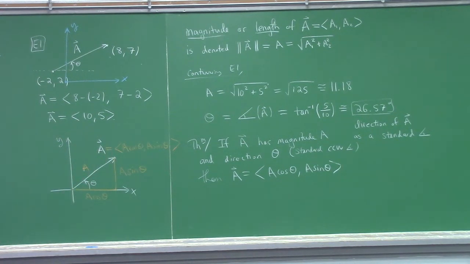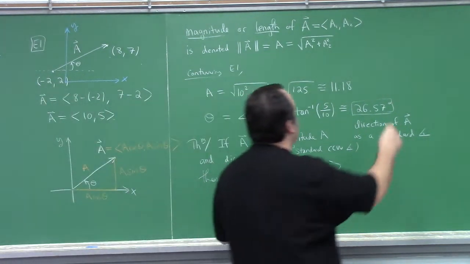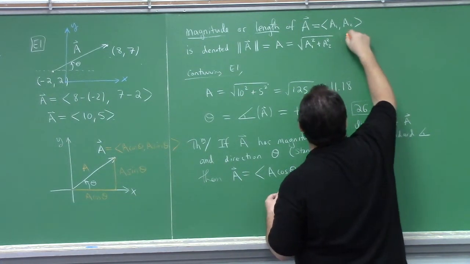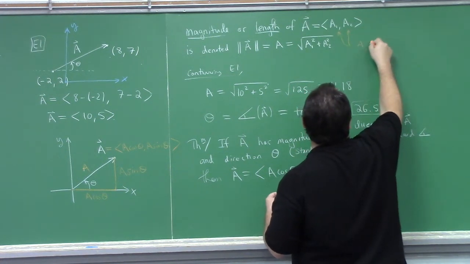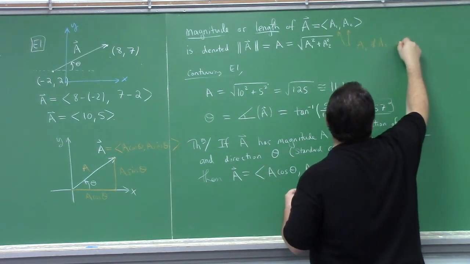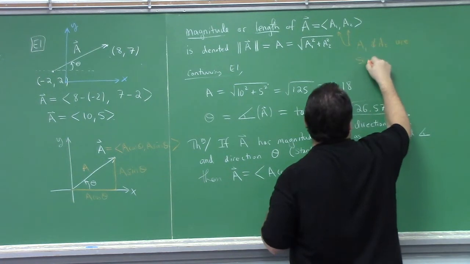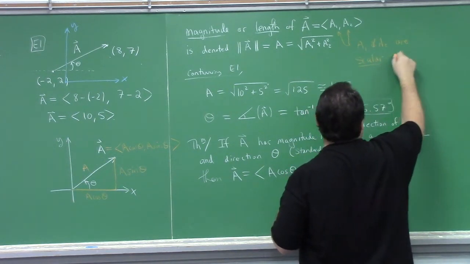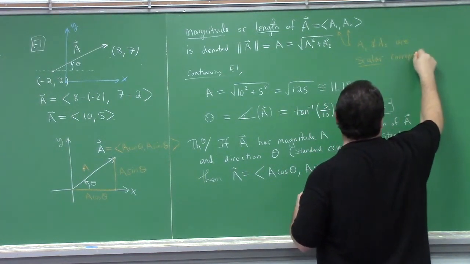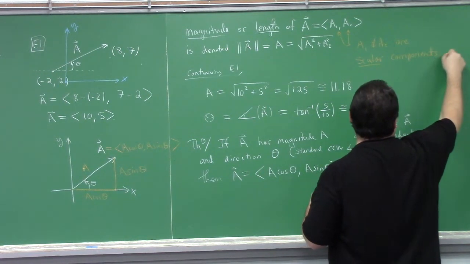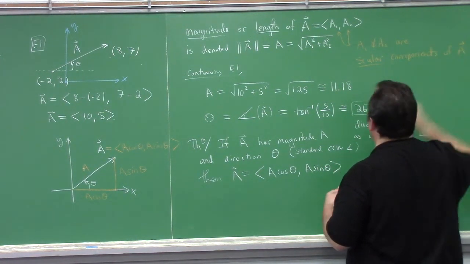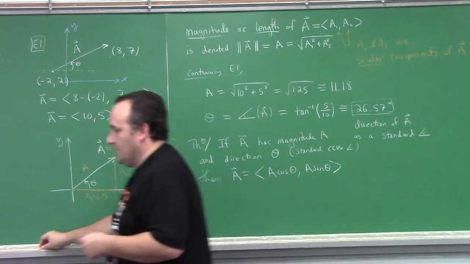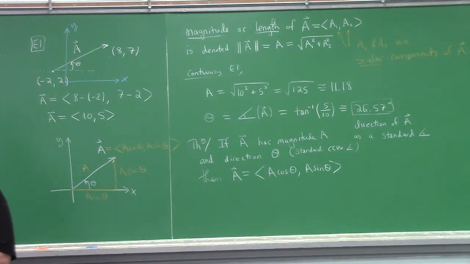I just introduced a word, component, right? So I should mention here, A1 and A2 are scalar components of A. Now, physicists and engineers also care about what are called vector components of a vector.